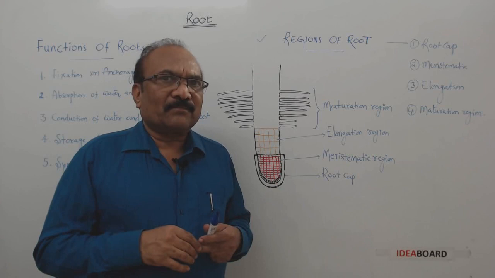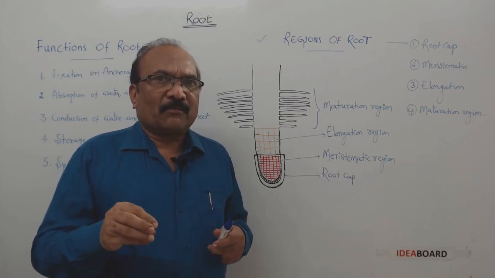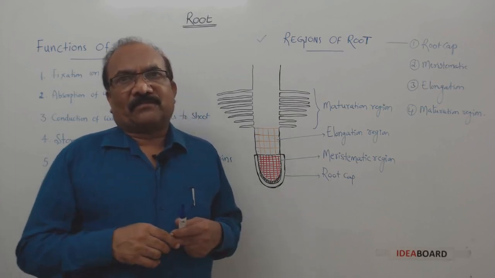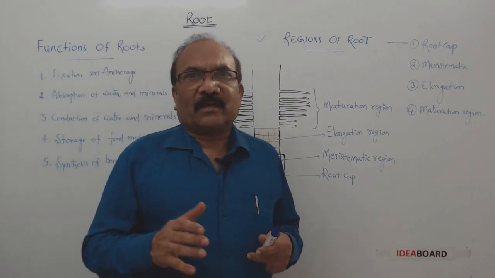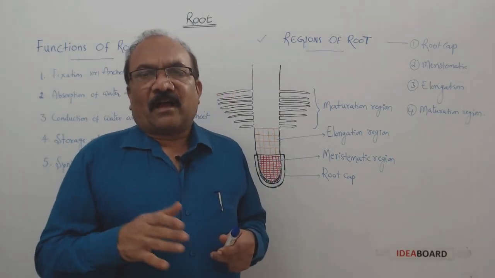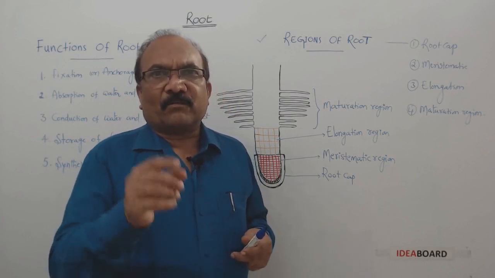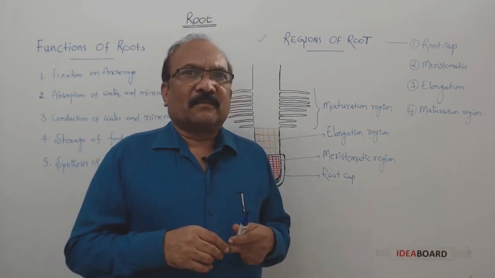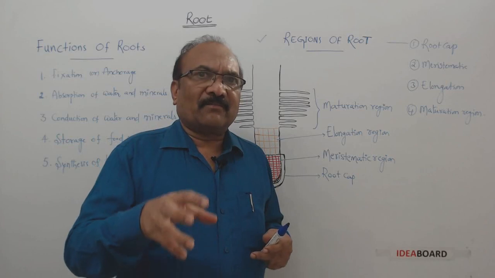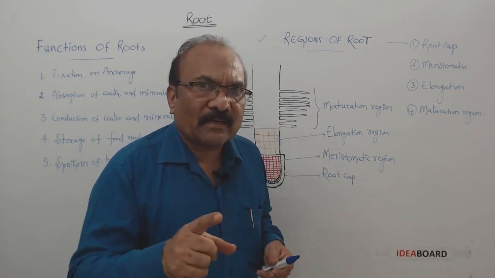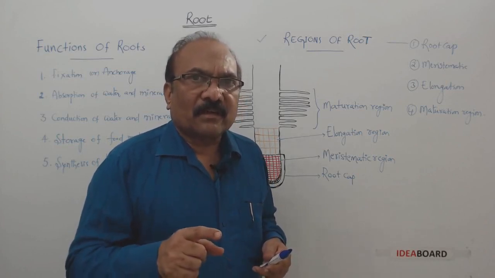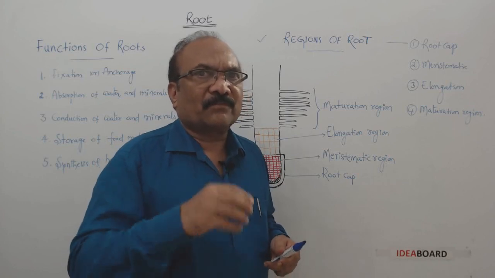Not only that, we discussed already about different types of roots, like adventitious roots and fibrous roots. All of them too have these regions. I hope now you are understanding that every root will have these four regions, and only at their tips.